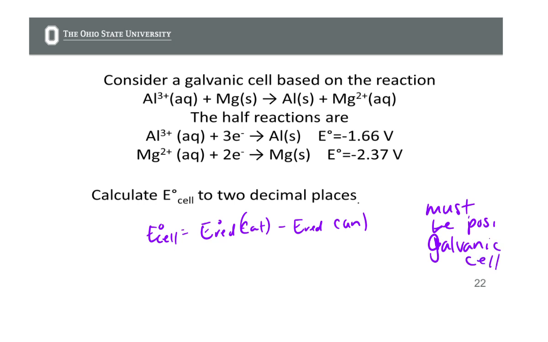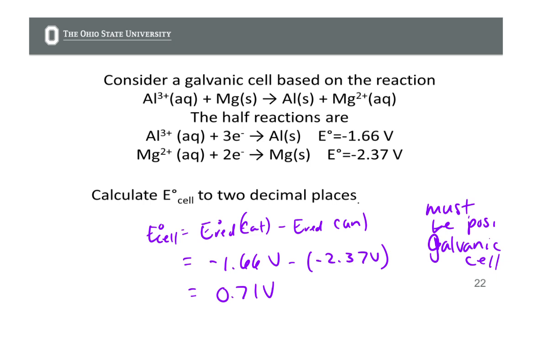So really, if we're basing just on that, the only way mathematically that works out is if the aluminum is where the reduction is taking place, so we'll have minus 1.66 volts minus the negative 2.37 volts for the magnesium, and we'll get 0.71 volts.